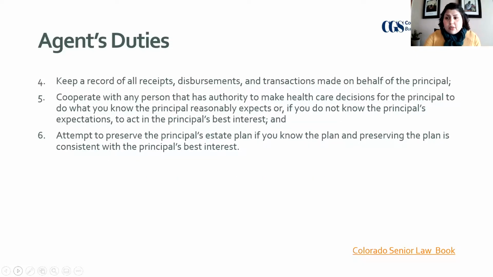Number 4 is one that is very important. They need to keep track of all the finances, right? Any receipts, any payments, any type of transactions that were made on behalf of the principal, so on your behalf. Also, here's number 5 that we've talked about before.